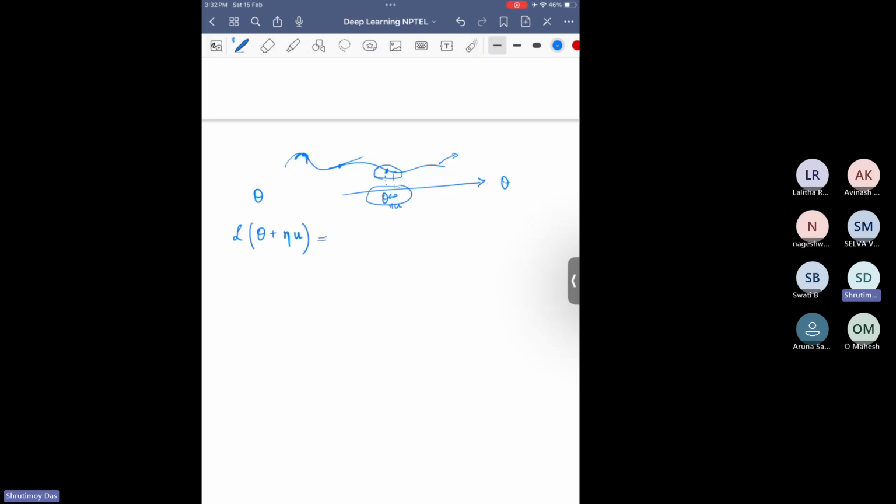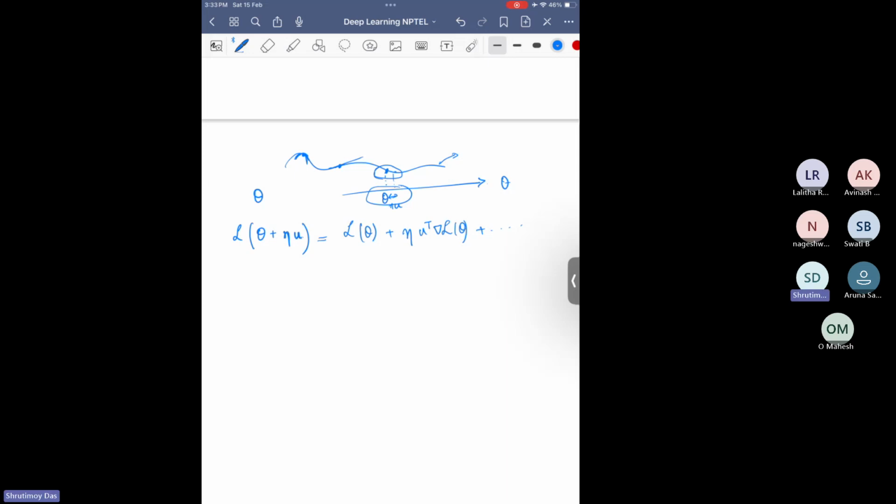So the function value can be written as L of theta plus eta times u, which is L of theta plus eta times u transpose gradient of L at theta, and some other terms. If eta is say 0.01, eta square becomes 0.0001, which is small, so we can ignore the remaining parts. Let us just concentrate on the first two terms.